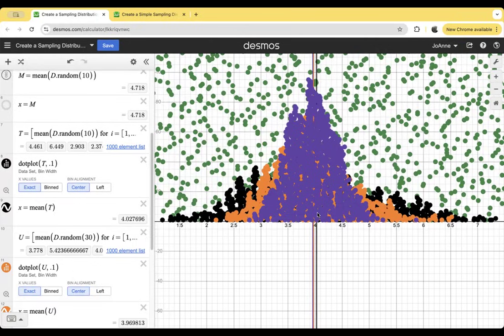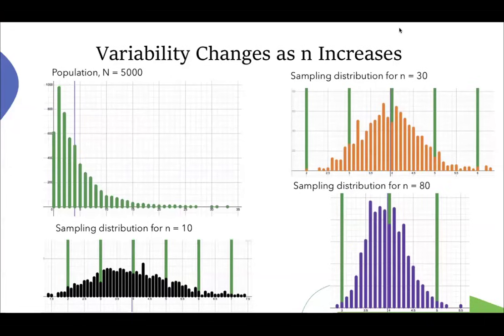We see here, as the sample size increases, the variability decreases. And that is measured by the standard deviation of the sampling distribution. We're going to give that a name in a minute. So we see variability changing as n increases.